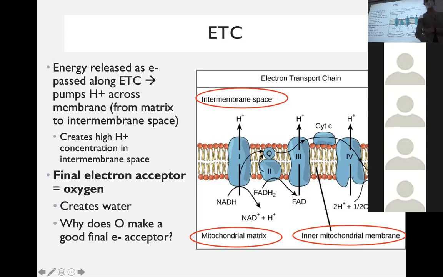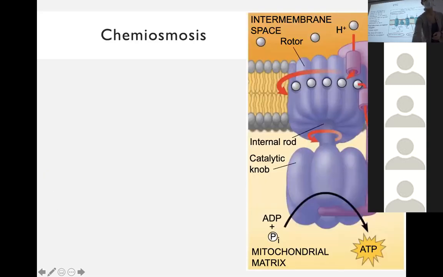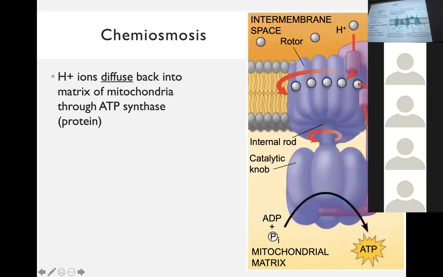All right, so now let's look at those hydrogen ions and see what they're going to do. They are, like I said, going to diffuse back across the membrane that they were just pumped across. They're doing that not just through any normal kind of protein.